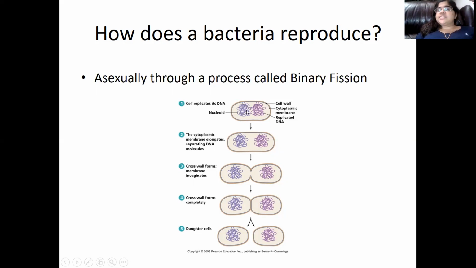So the first step is replicating DNA. You replicate the DNA, it separates out a little bit, it pulls the membrane a little bit farther away, and then it starts cytokinesis. Do you guys remember what cytokinesis was? It's the division of the cell, right? The cell membrane pushes in, slowly becomes that wall, and then it separates out into two daughter cells.